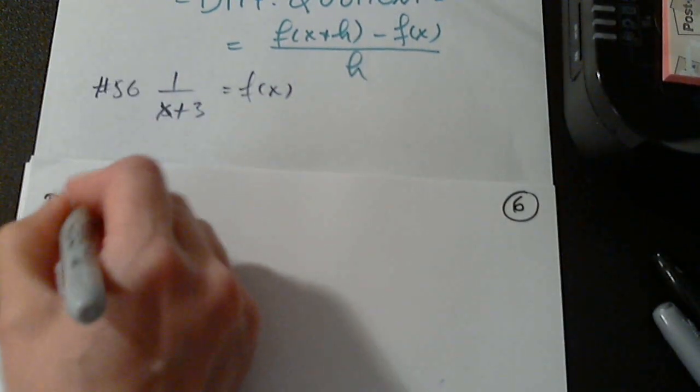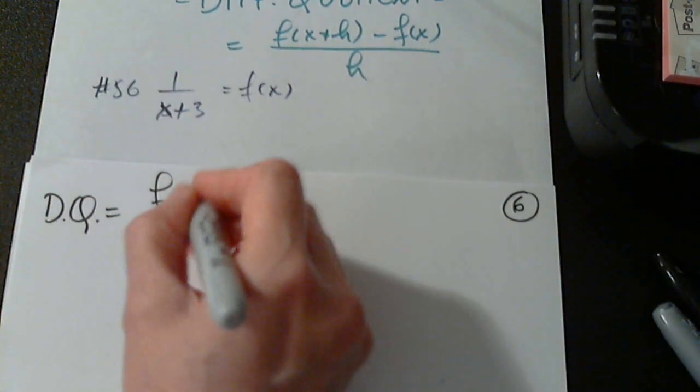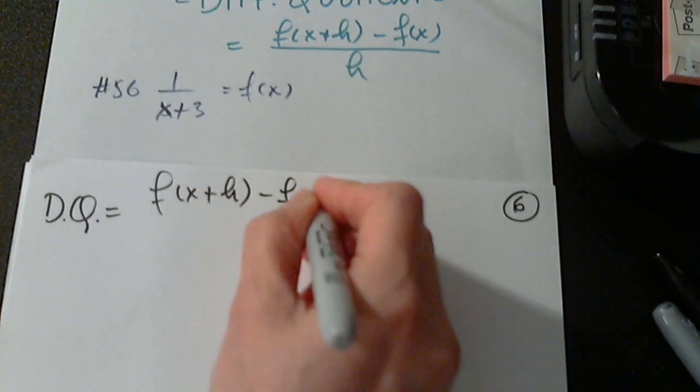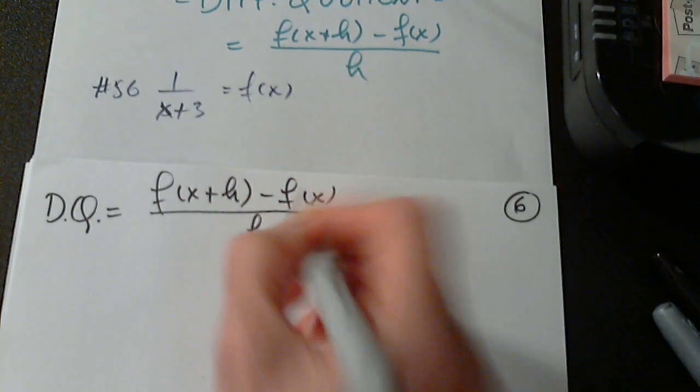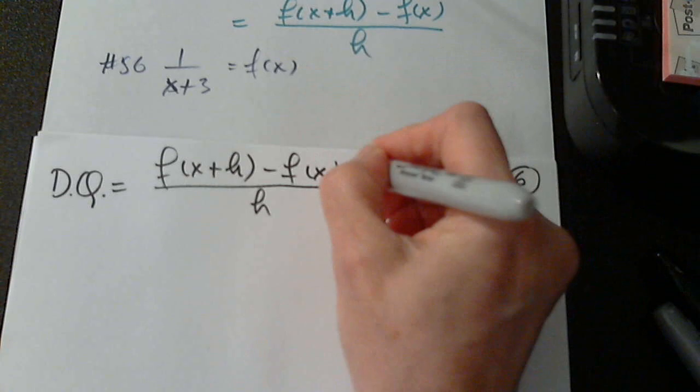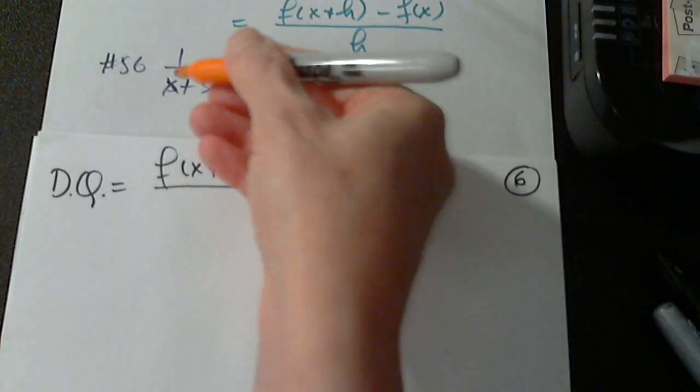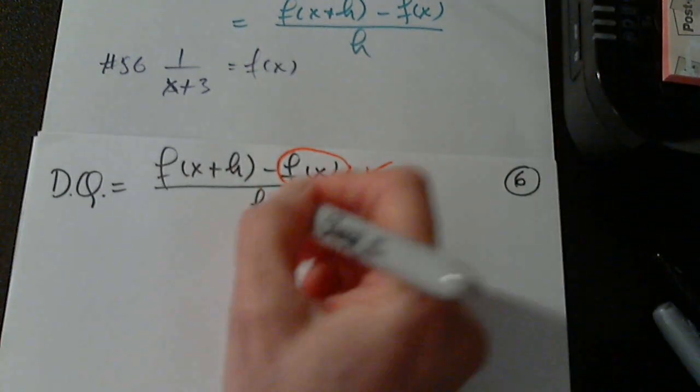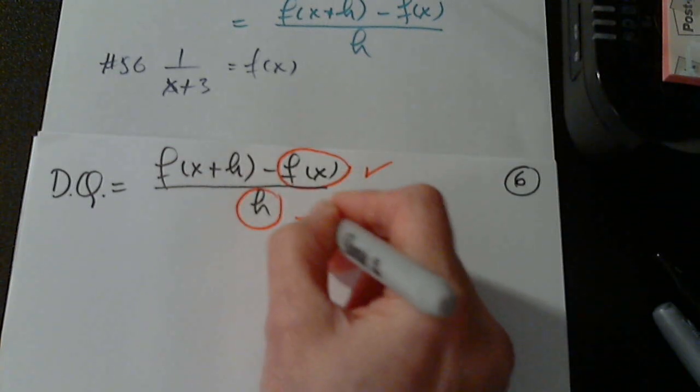So the difference quotient, moving forward, we have to remember: f of x plus h minus f of x, divided by h. Now, for this function or for any function, this is very clear. It's given to us. This is that tiny little thing.